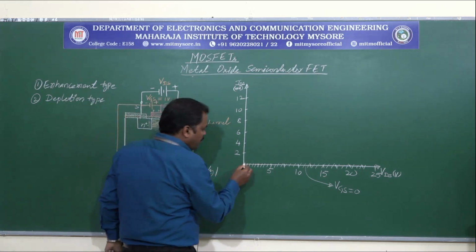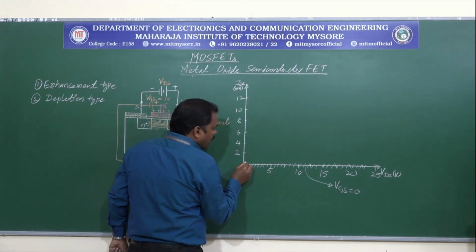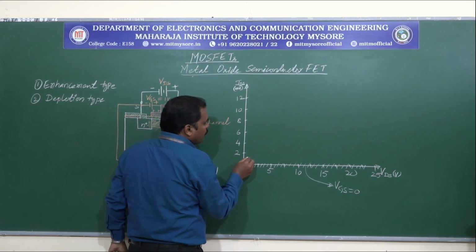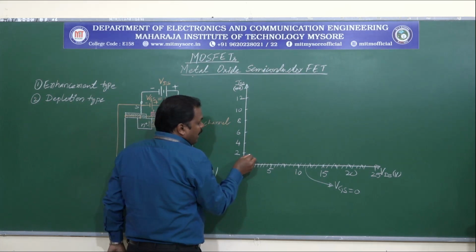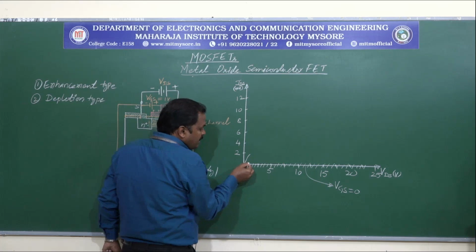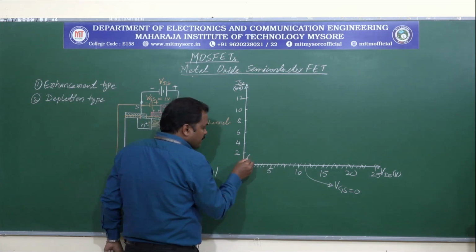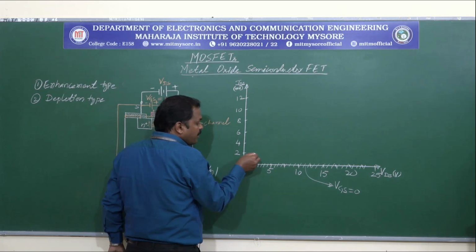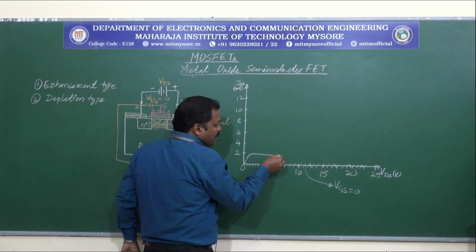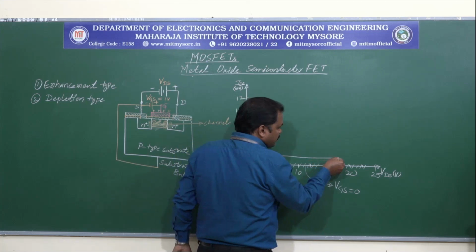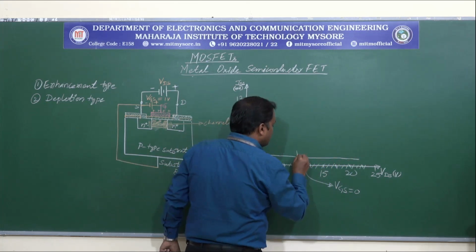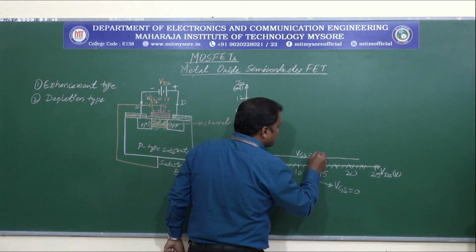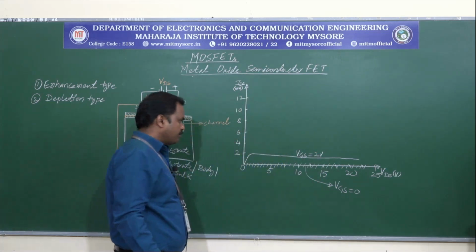So there will be a small current flowing, and as we increase the VDS, the device or the current is said to be saturated and becomes constant like this. So let us say this is for VGS equals to 2 volts.